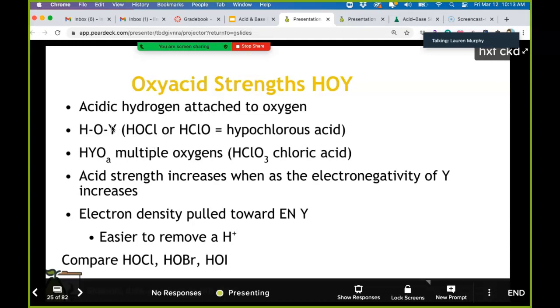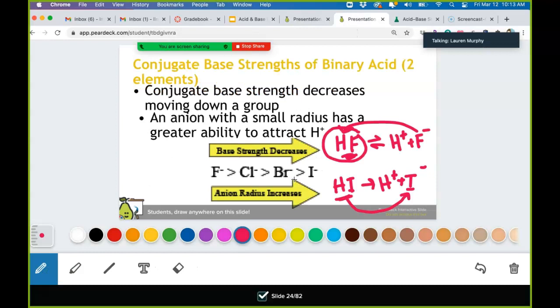And again, this Y is some sort of other element, like a chlorine or a bromine or a nitrogen or a phosphorus or a sulfur, just something that's not oxygen, okay? So sometimes we have multiple oxygens, like 3, and we'll talk about that in a minute. But however electronegative Y is, the more electronegative it is, the stronger the acid is.